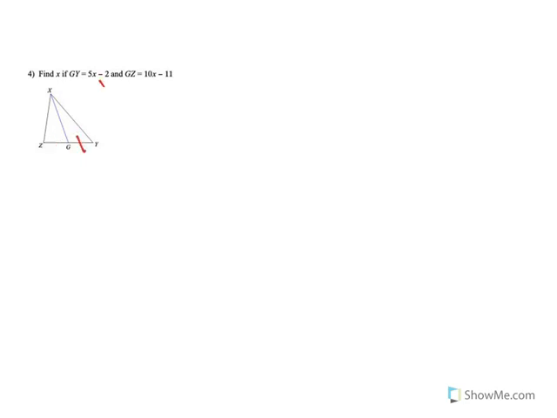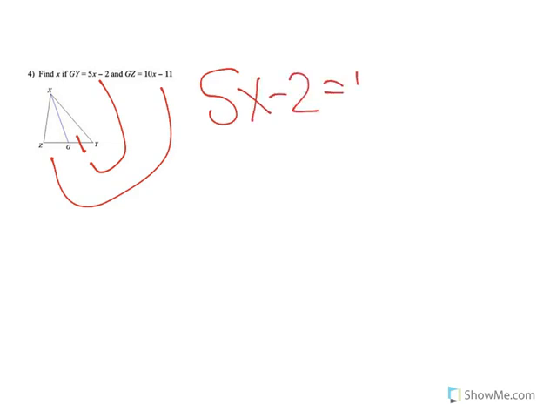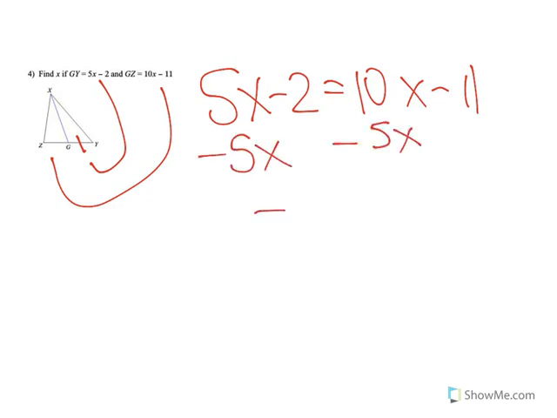So if GY is 5x minus 2 and GZ is 10x minus 11, we just set them equal to each other. Okay, and let's subtract the 5x. Why do I do the 5x? Because then I'll have a positive x, which just makes my brain happier.